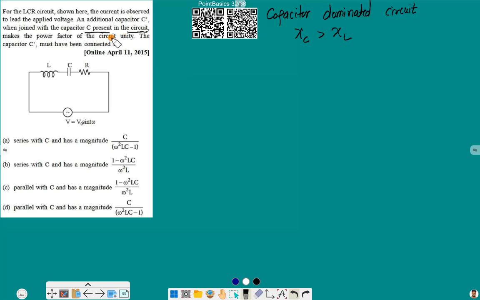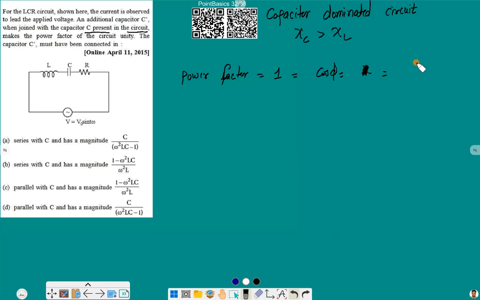As per the statement, after connecting this capacitor, power factor needs to be unity. Power factor equal to 1 means cos phi is equal to 1.